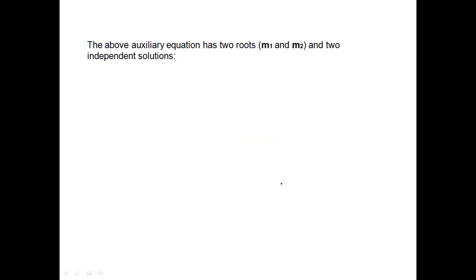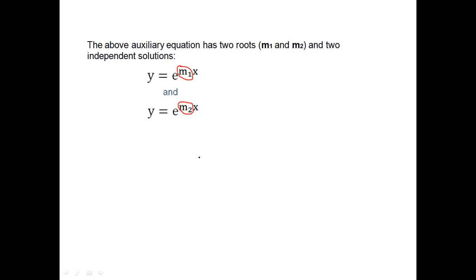So the above auxiliary equation has two roots, m1 and m2. Since it has two roots, we expect two independent solutions. The first one is y equals e raised to the power m1x, and the second one is y equals e raised to the power m2x.